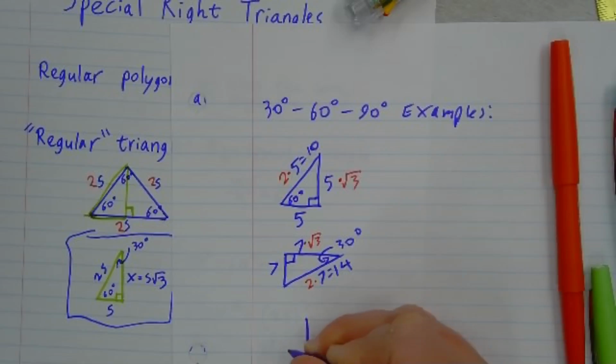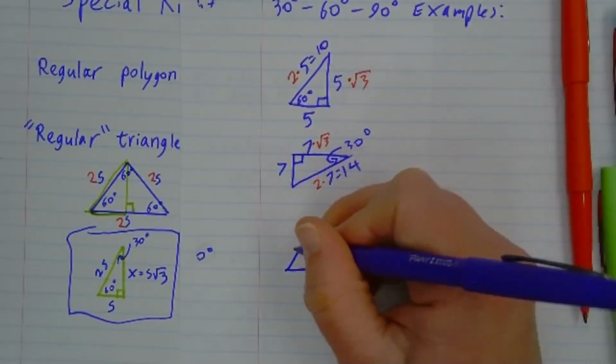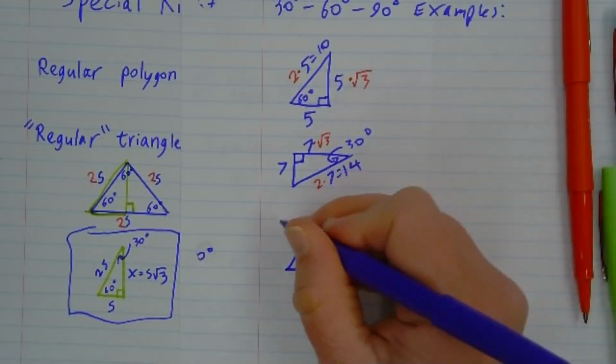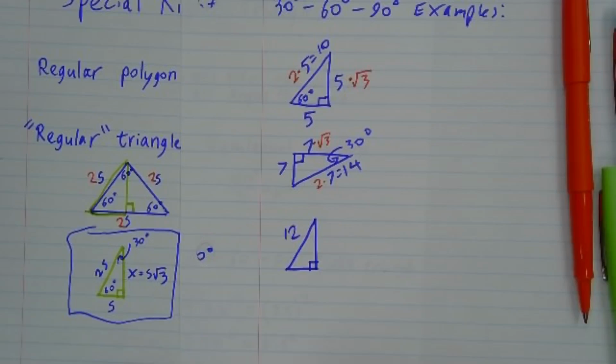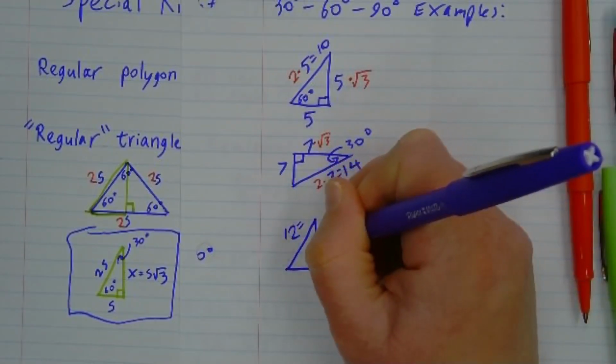Sometimes they may not give me the side that's the very easiest to deal with. They might give me this side and tell me that this side is, oh, well, let's make it kind of easy. I'll pick an even number, 12. Well, if this side's 12, then I know that that's equal to 2 times 6.